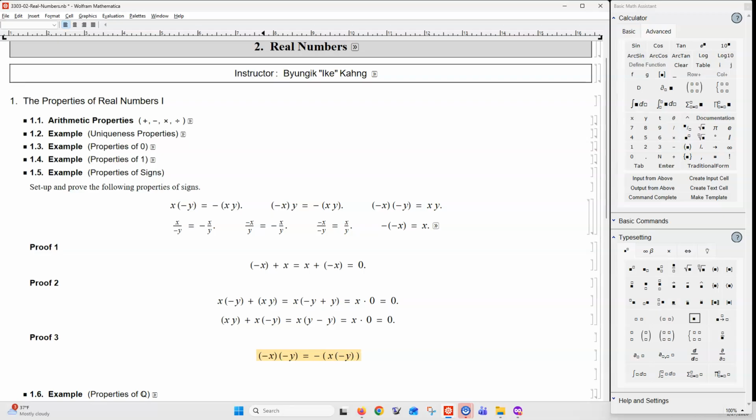By which property? By, let's see, yeah, by the first property. Wait, I'm changing, oh, by the second property. Yeah, that's what I used.